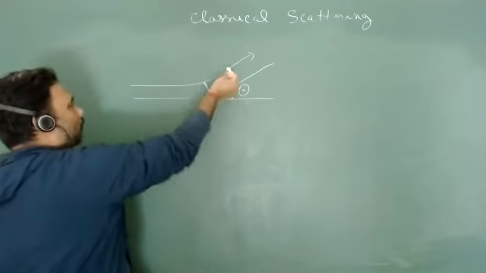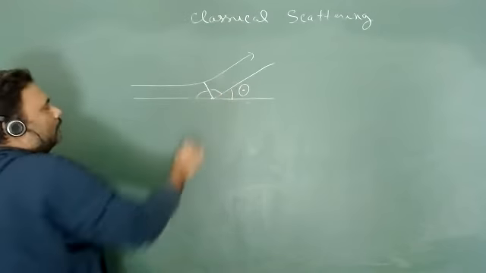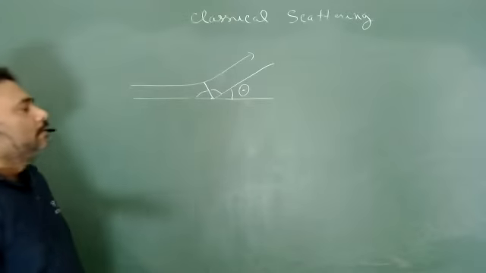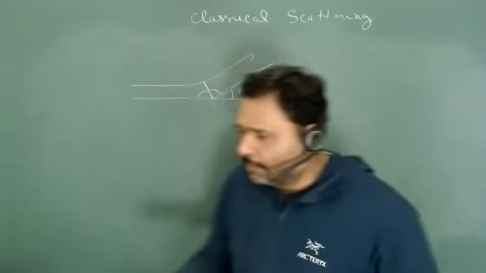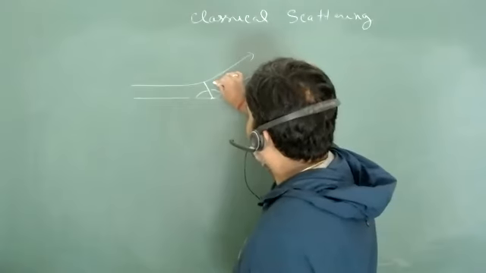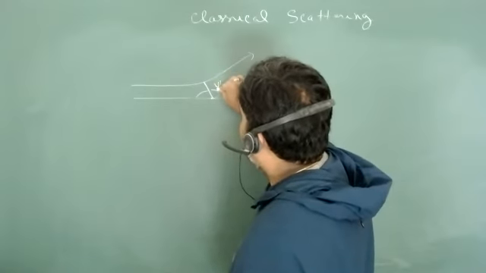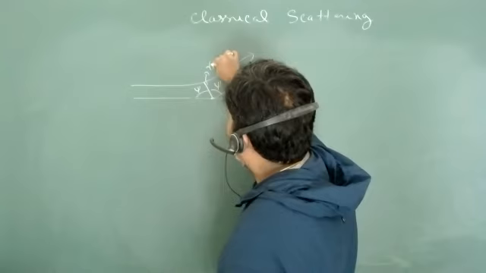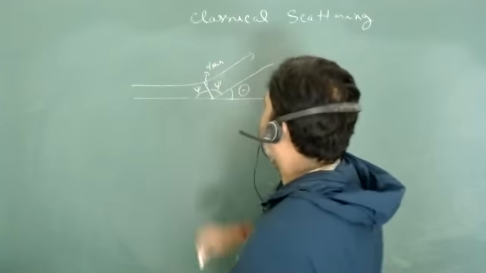This angle is your alpha, you can take psi. Goldstein has taken psi, and this Griffiths has taken alpha. So you can take anything. But you know, this is nothing but the argument of periapsis. And what is this value? This is R minimum.